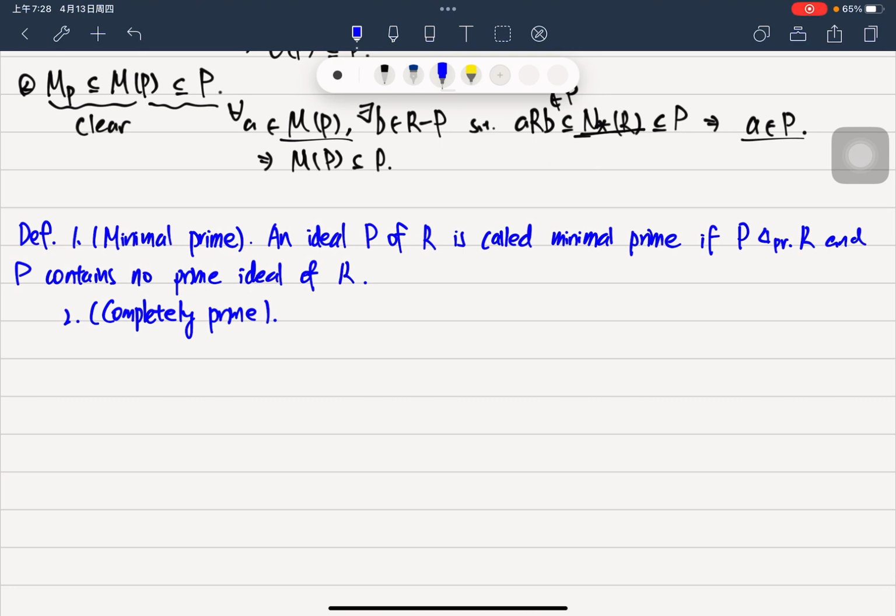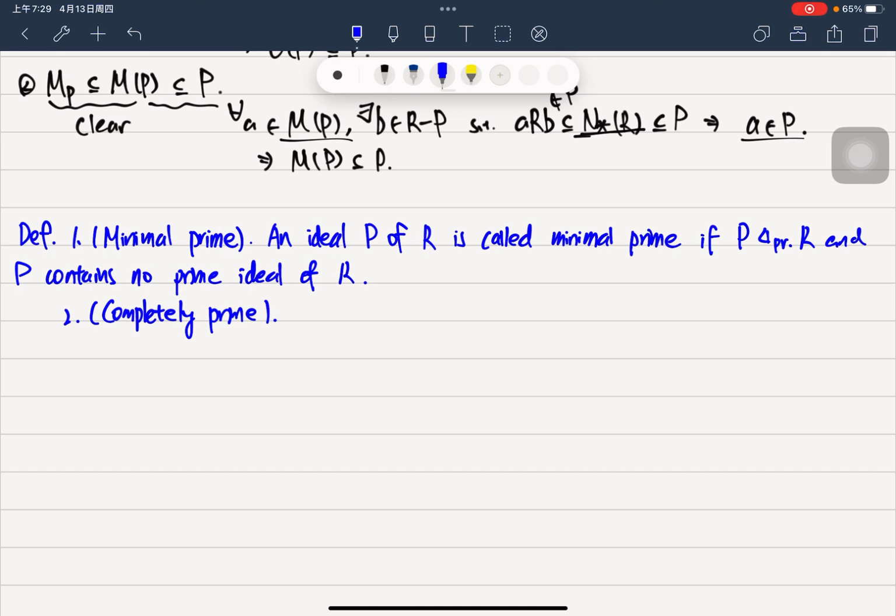This definition shows up in undergraduate education, because when we are in undergraduate education, we always call completely prime as prime, but actually prime is not defined as completely prime.